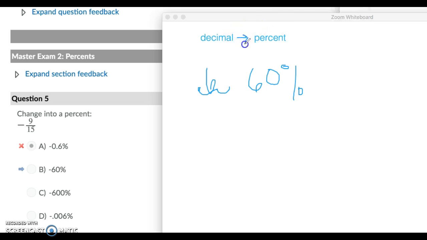So I go to decimal percent, I multiply by 100. And if I was going the other way, this way, I would divide by 100. Hopefully that makes more sense.